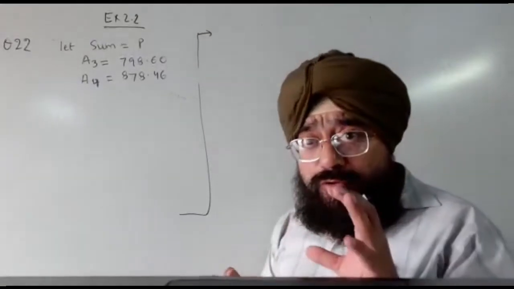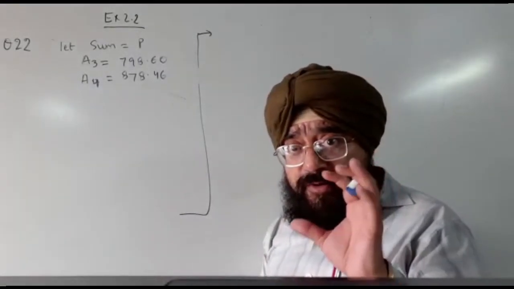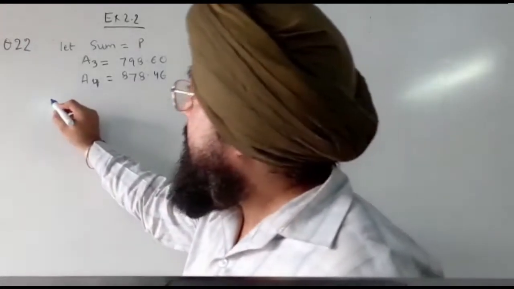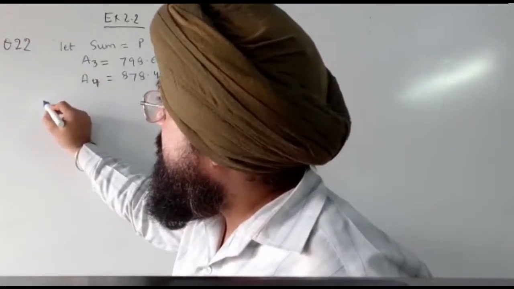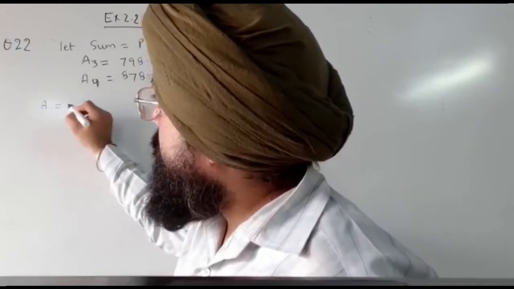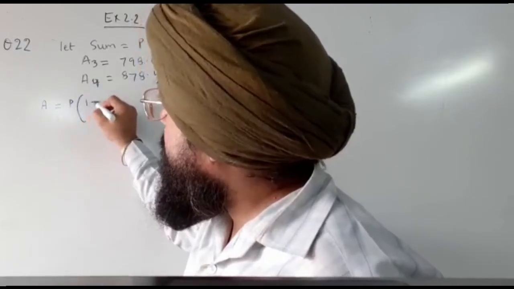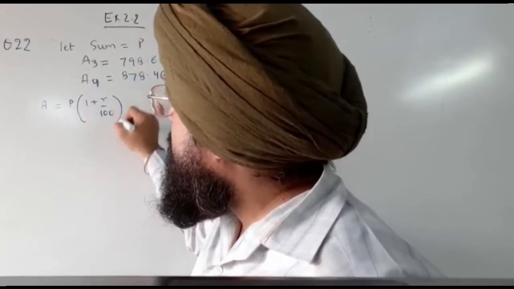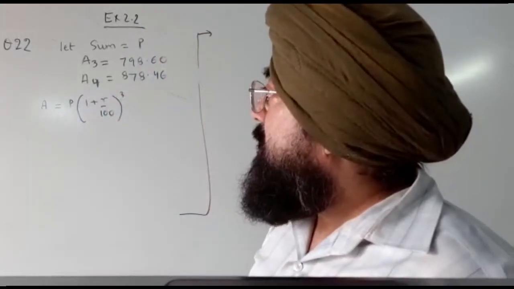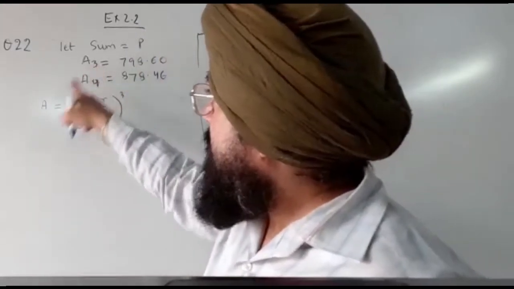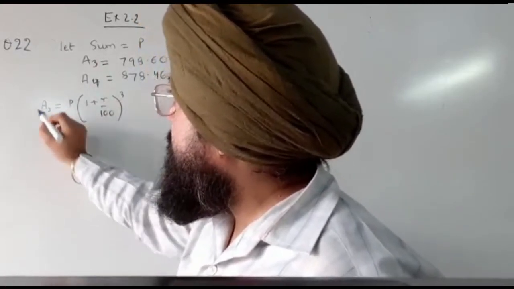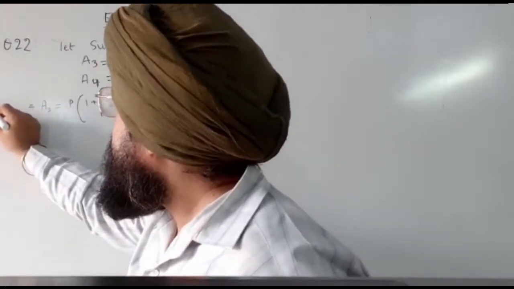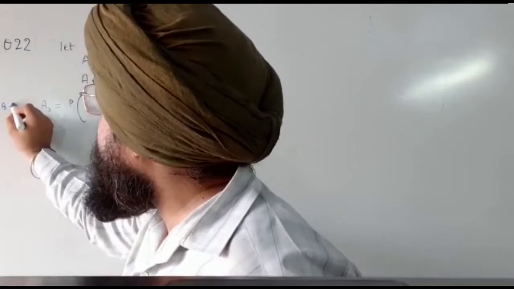So if you apply the formula of amount here, the amount at the end of 3 years can be given by the formula P in the bracket 1 plus R upon 100 to the power 3. And mind you, the amount at the end of 3 years is actually given to you as 798.60, isn't it?